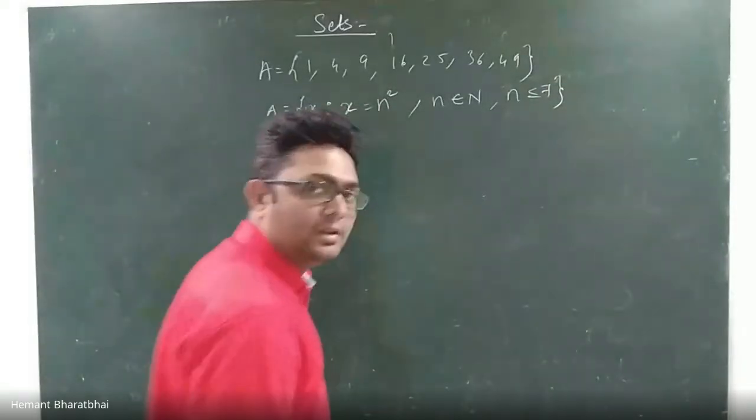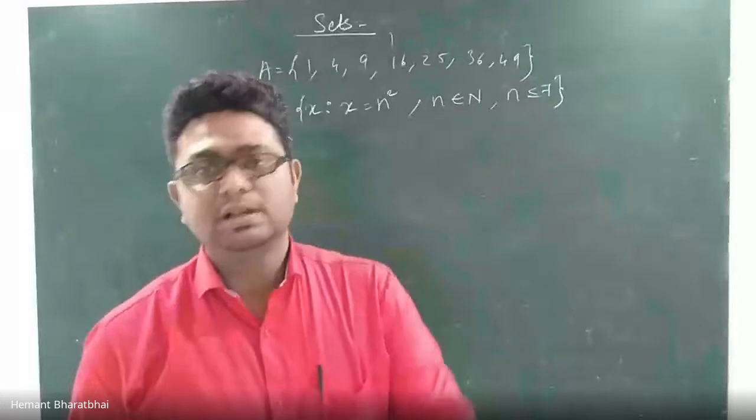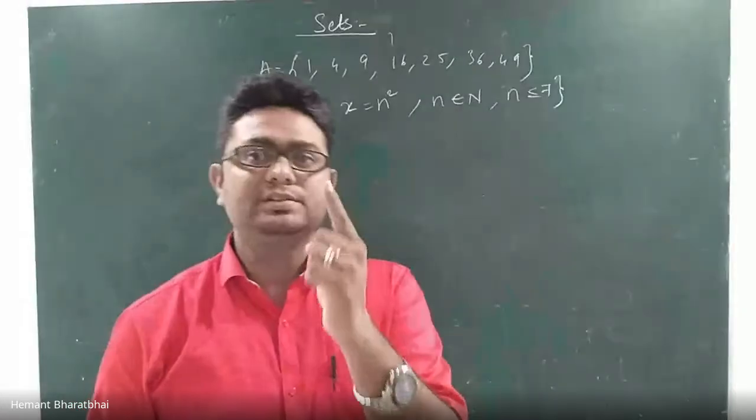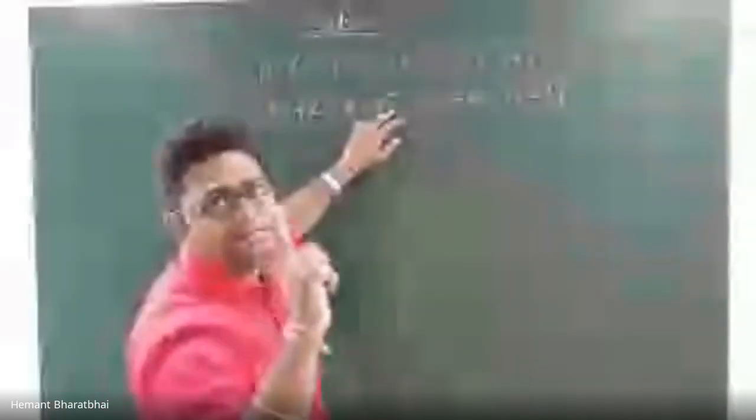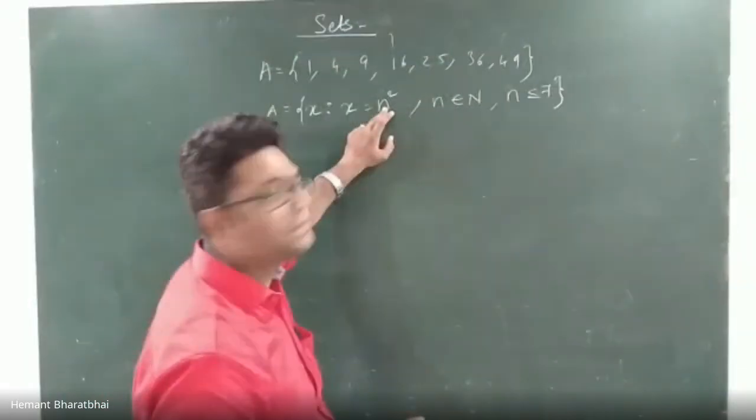The moment I say n belongs to natural numbers, it should start from 1. So if x is equal to n square, putting n equals 1, I get 1 square, that is 1. If I put n equals 2, I get 2 square, that is 4. If I put n equals 3, I get 3 square, that is 9.